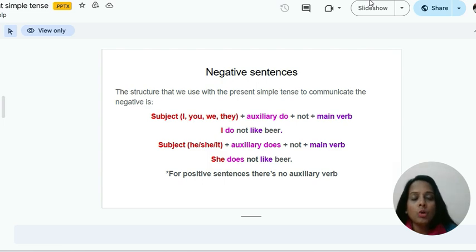Examples, if you want to say something without emphasis, I like coffee. But with emphasis, you are emphasizing something, then it means like, I do like coffee, right? Sometimes we do say this to emphasize our sentence. This emphasis that you really like coffee may be in response to someone doubting you.